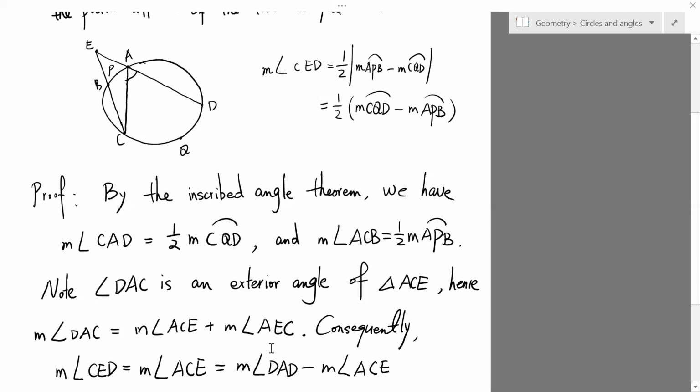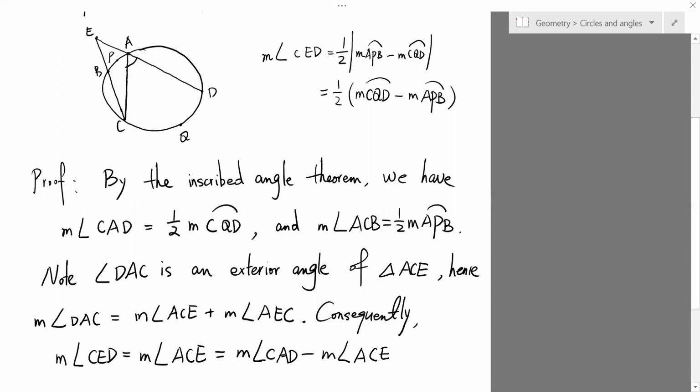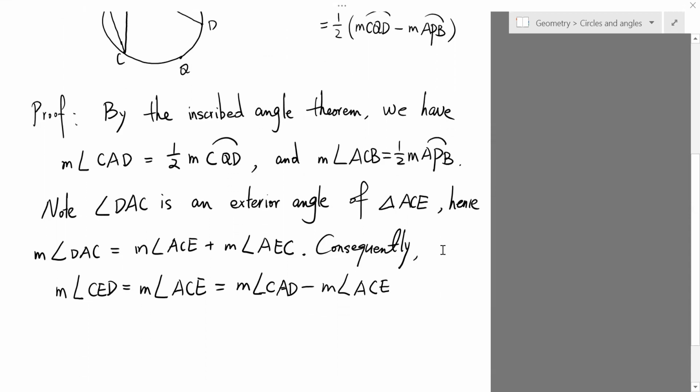Similarly, I believe we are supposed to put CAD up there, right? But we observe that the measure of CAD could be replaced by 1/2 the measure of the major arc CQD.